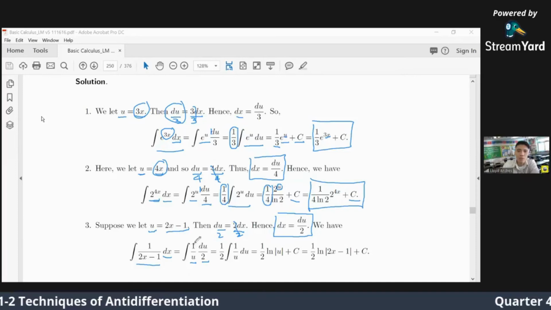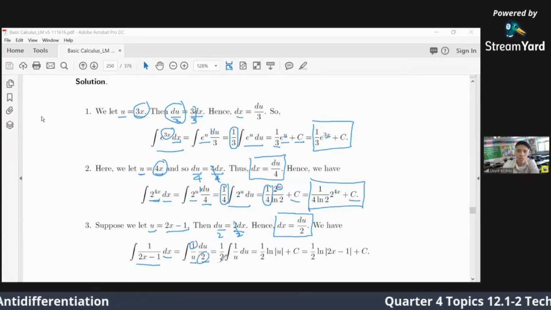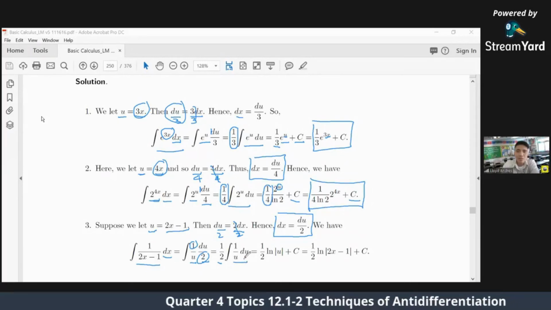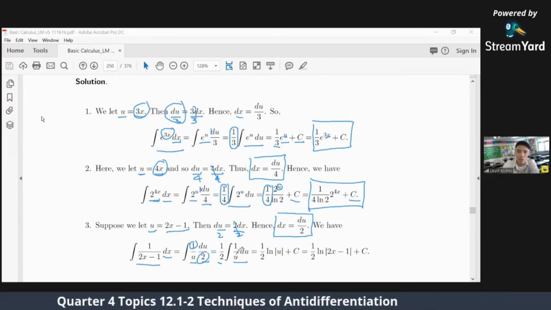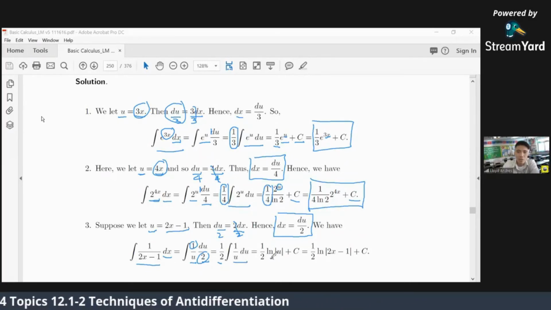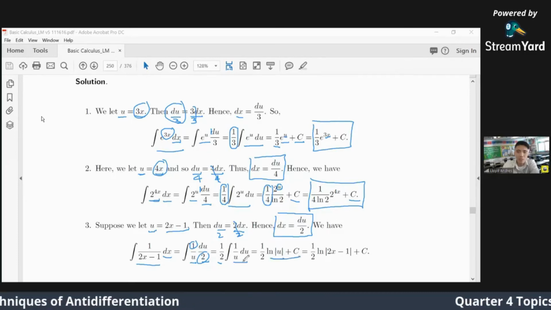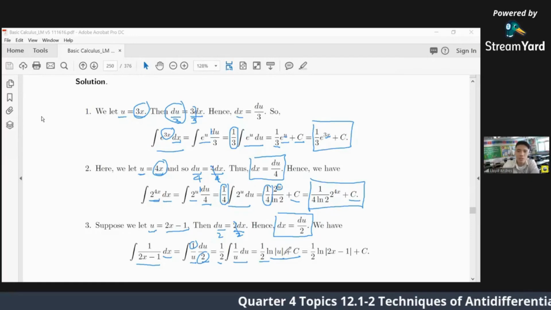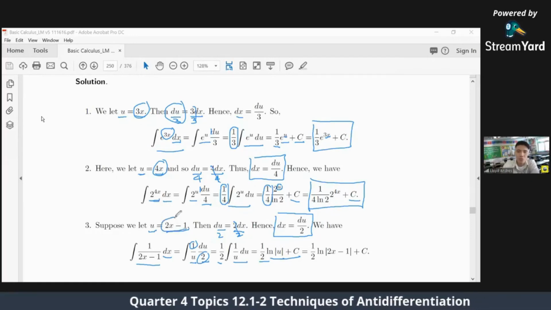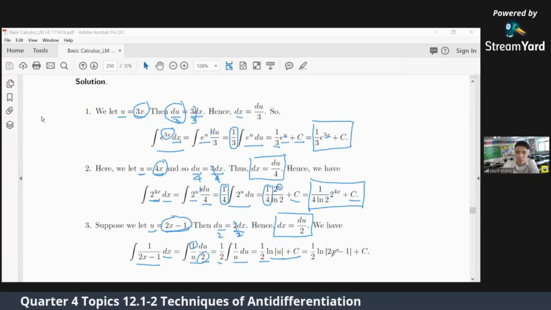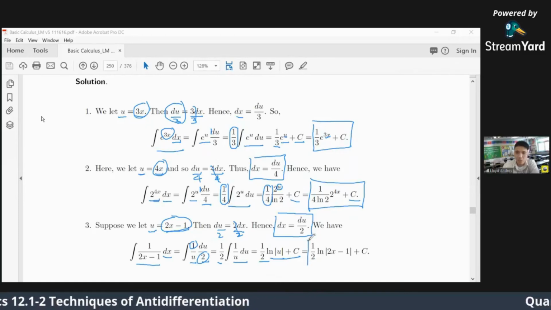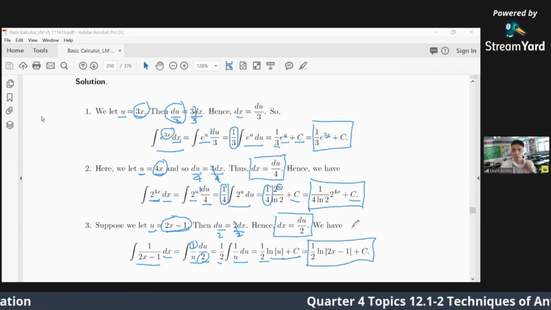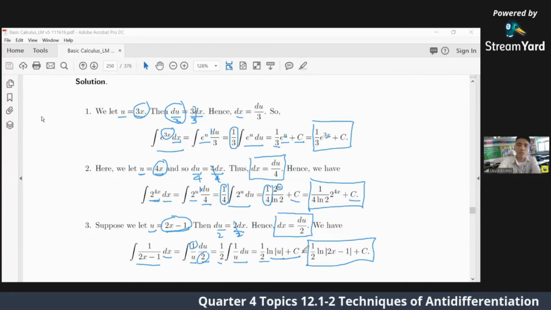Then 1/2, naa ra 1 og si 2, gi-factor out lang. So ang mabilin sa sulod, 1 over u du na lang. Which is, naa sa tong theorem, na pag once integral of 1 over u du, ang answer na is ln of u plus c. But since naa nay 1/2, isulat nimo si 1/2. And then, for your final answer, substitute u with 2x minus 1 para mabalik sa original. So therefore, your final answer should be 1/2 of ln of the absolute value 2x minus 1 plus c. So that's example 7.